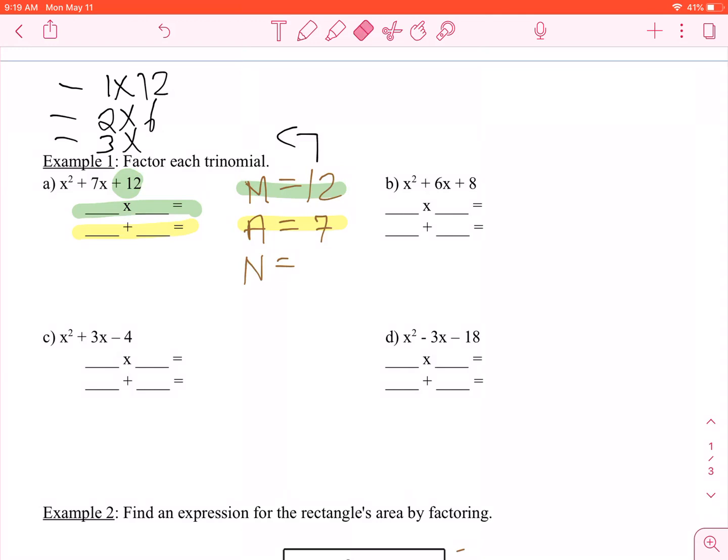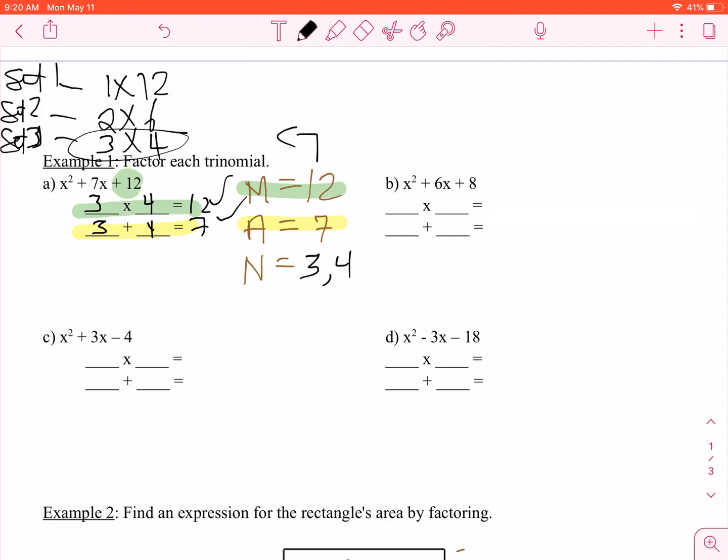Okay, so out of those 3 sets, that's set 1, that's set 2, that's set 3, which set also adds to 7? 3 plus 4. Okay, so this means your 2 special numbers are 3 and 4, because 3 times 4 equals 12. 3 plus 4 equals 7. They both work and they satisfy the conditions of what multiplies, adds to, given these numbers.